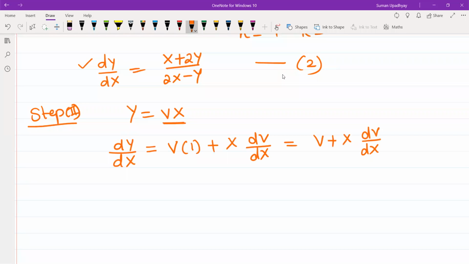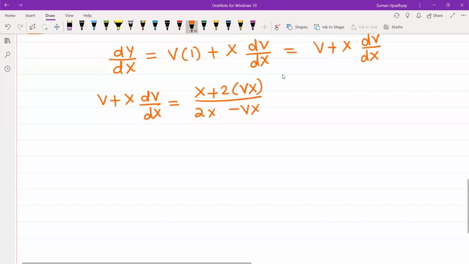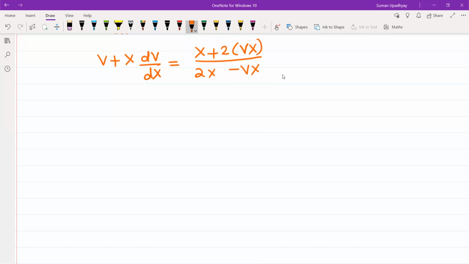So I will substitute these two things in equation number 2. So what will I get? The left hand side of equation number 2 will become V plus X dV by dX is equal to, now X plus 2Y, I'm going to replace by V times X upon 2X minus VX. Do you all know how to solve further?